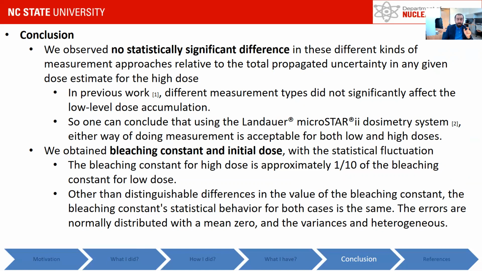What is the difference between high dose and low dose? One thing is that the bleaching constant for high dose is approximately one tenth of the bleaching constant for the low dose. The other thing is that the statistical behavior of the bleaching constant is the same for both cases: the errors are normally distributed with mean zero, and the variances are heterogeneous.